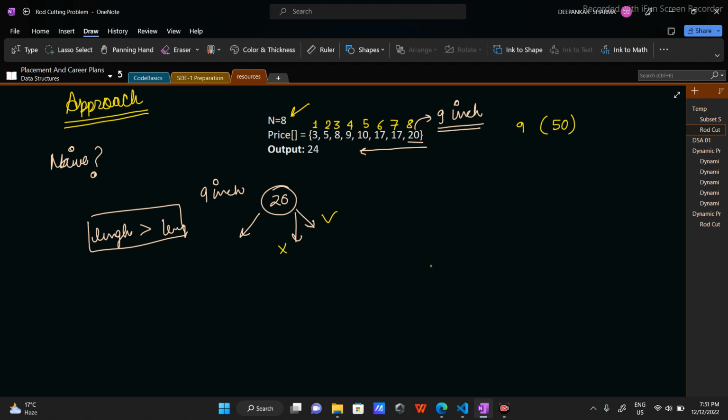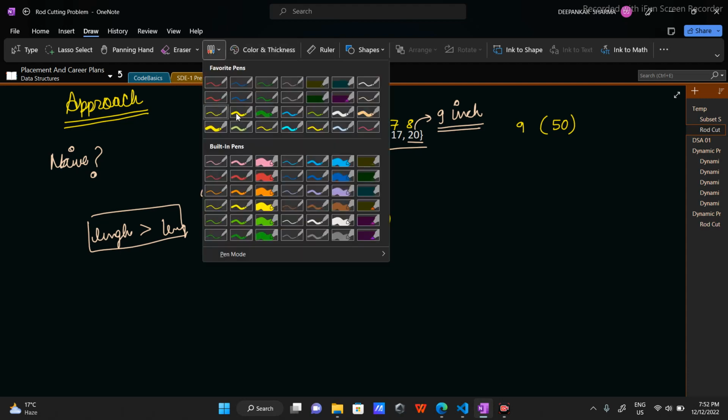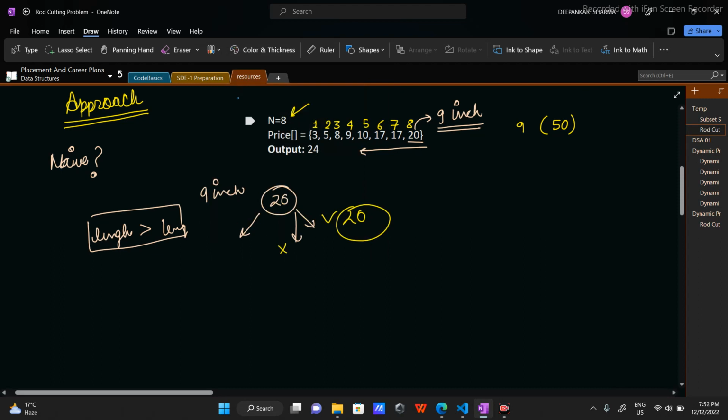When I traverse down this tree, I'll see if I could include 20 or not. For 20, I'll be getting 20 rupees, because I included it. But if I do not include it, I'll come down this tree. After 20 I'll move to 17. I'll have this choice, and again I will have a choice to include this 17 or not.